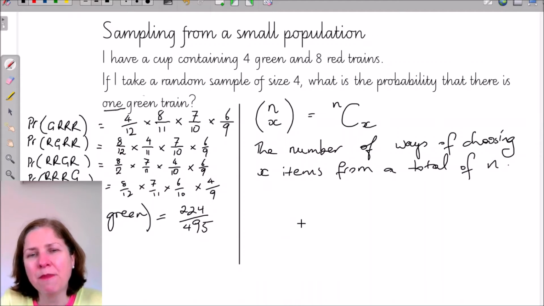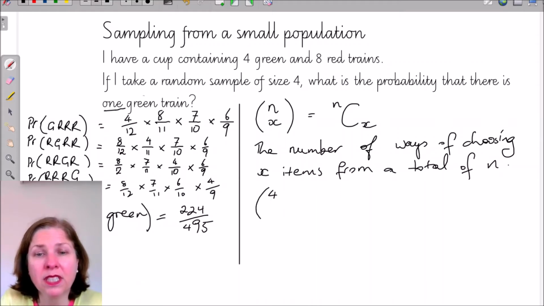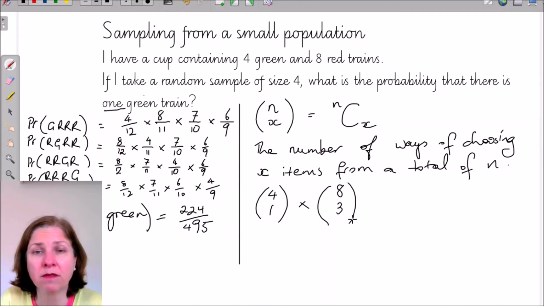So a simple example of that is there are 4 green and I'm choosing 1 green. In this sample, I'm choosing 1. So how many different ways can that happen? Okay, I'm going to multiply that by, there are 8 red and I want 3 of them in my sample to be red.